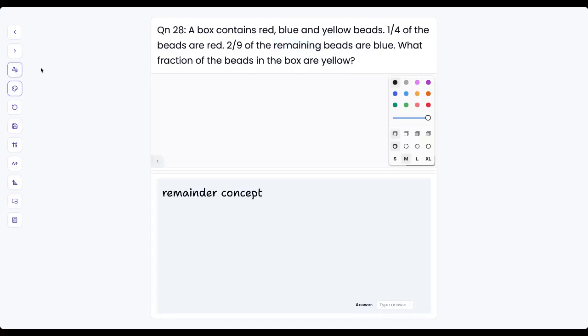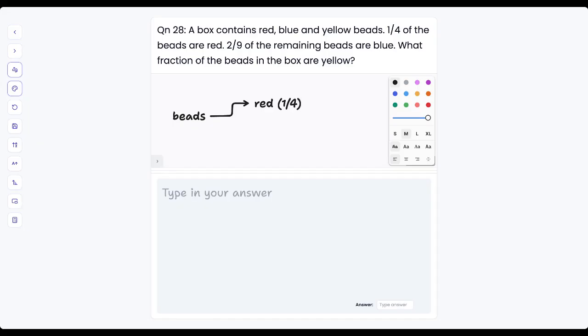Okay, so what we can do is let's draw it out. We have beads, and of these beads, one quarter of them are red. Let me zoom this in as well so you guys can see. So the beads over here are red. What's the fraction?